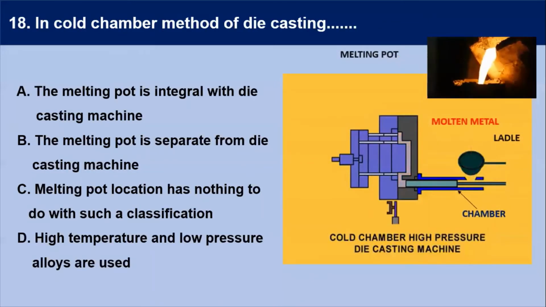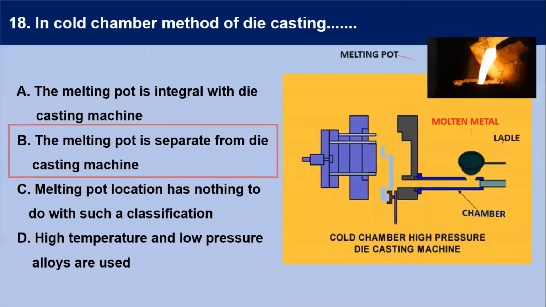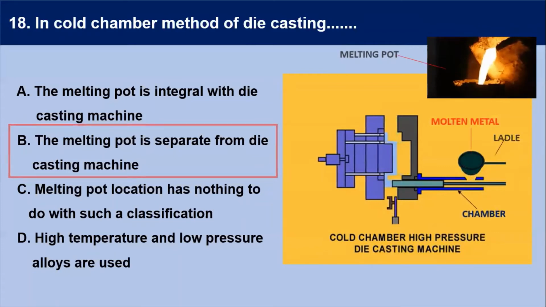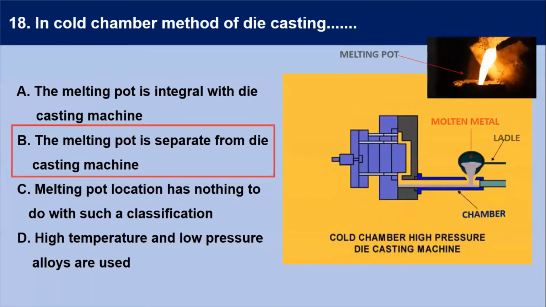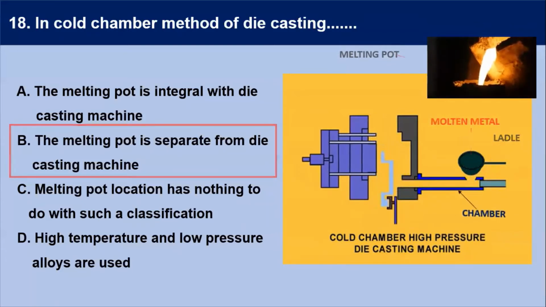In the cold chamber method of die casting, molten metal is poured into a cold chamber by a ladle before each stroke. That is, metal is melted outside the chamber. So it is very clear that the melting pot is separate from the die casting machine.